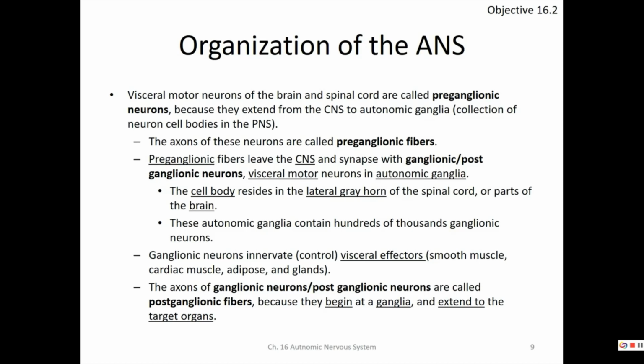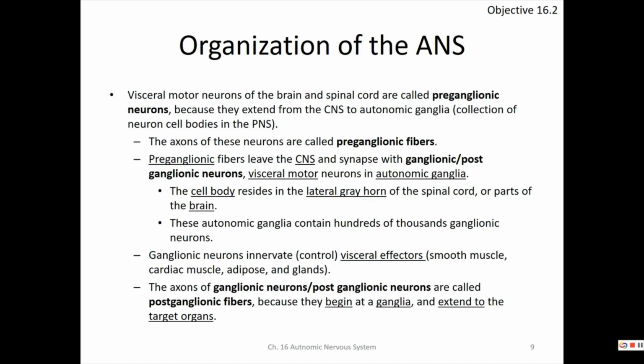The cell bodies of the preganglionic neurons that come out of the spinal cord are found in the lateral gray horn, or in parts of the brain, what we refer to as the nuclei of the brain. Those preganglionic neuron cell bodies are leaving the lateral gray horn or the brain's autonomic nuclei.